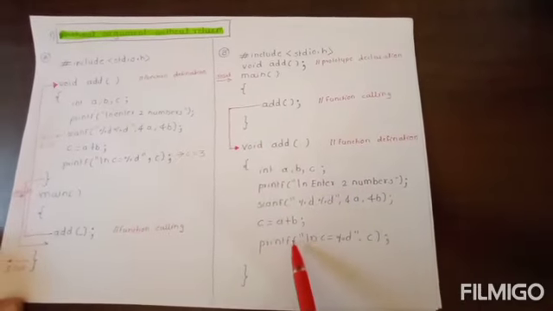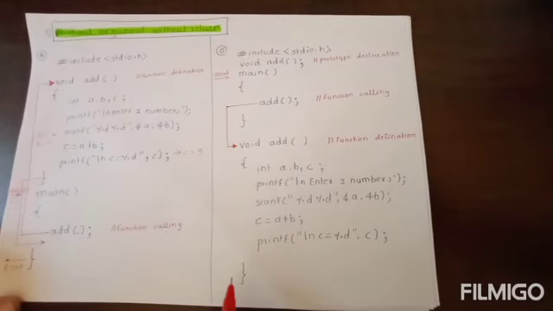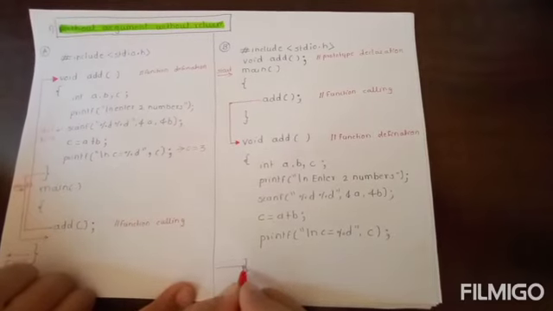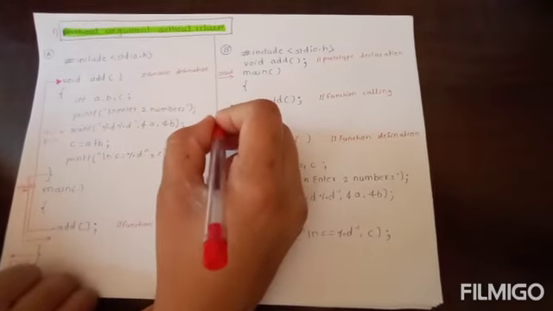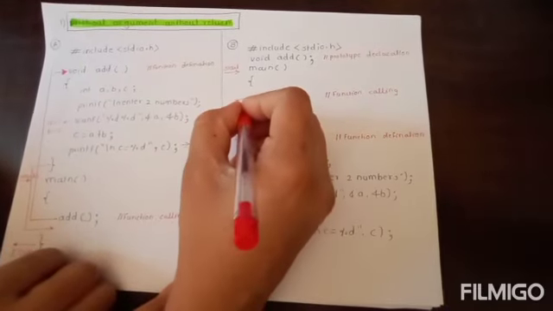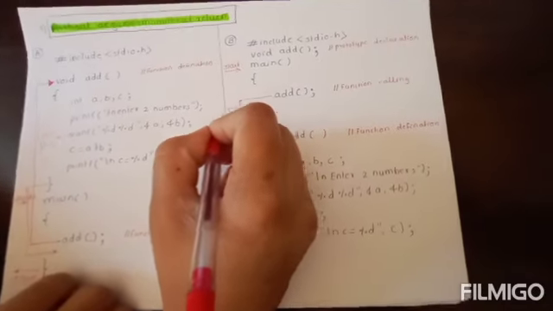We perform that particular task, the same task we perform here. After the end of this, control is handed back to your calling function's next line, and the next line would be your stop.